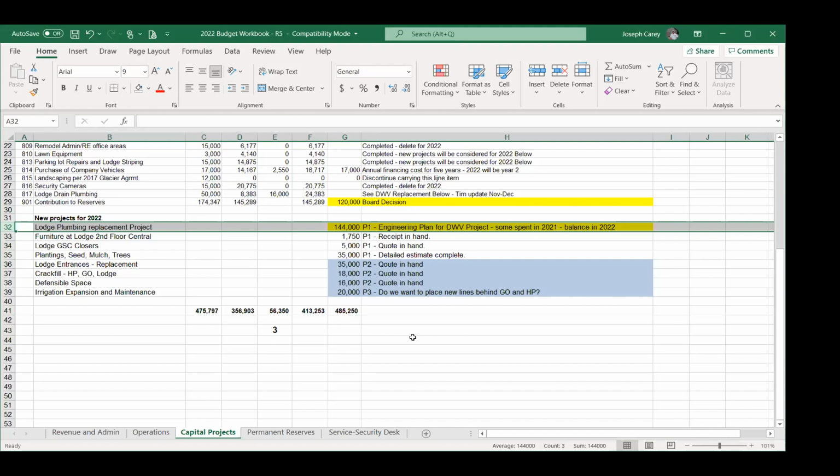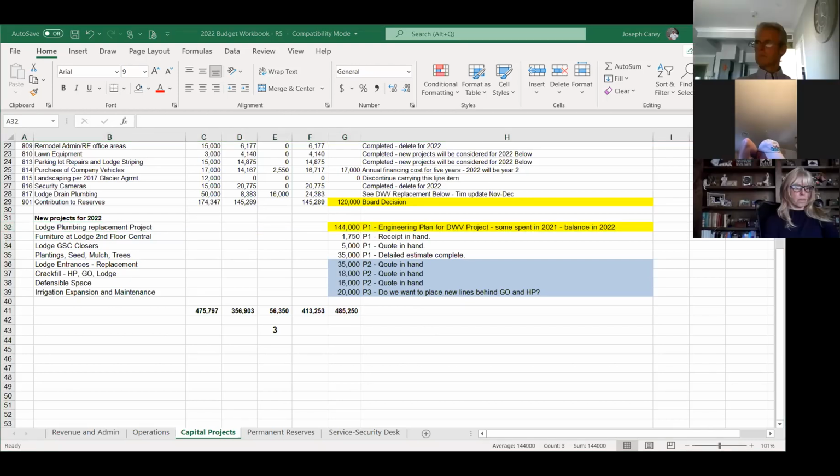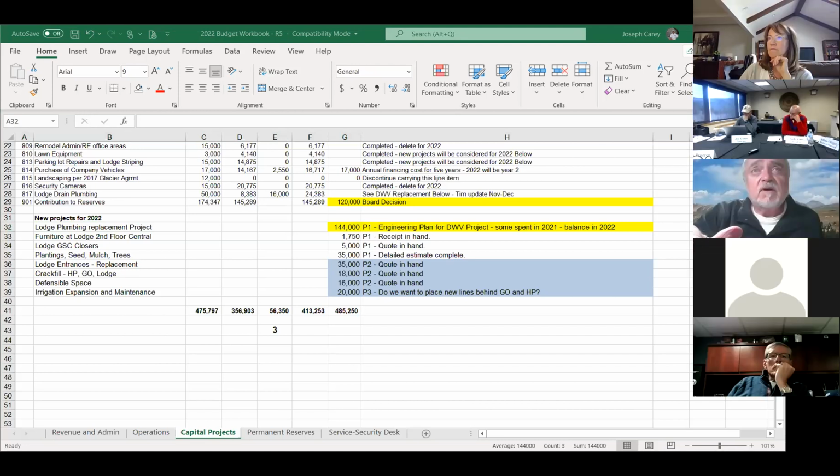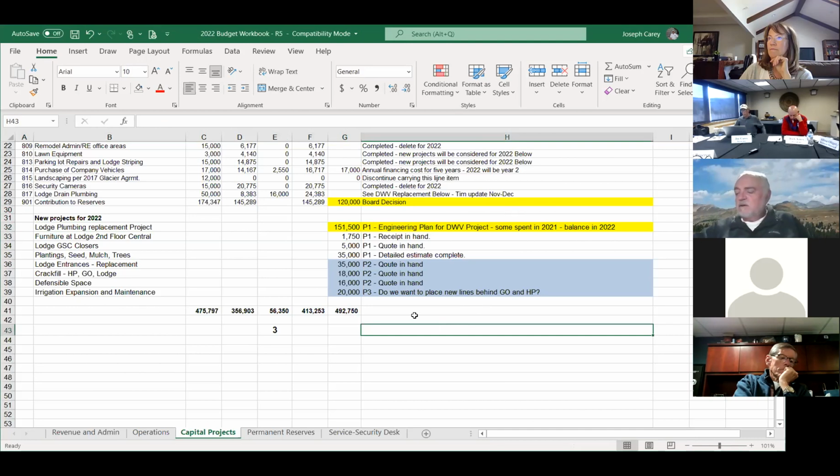If we needed to put a number in today to add to that, I'd say $7,500. And let me point out too, that asbestos testing has to be done upfront before any other work can begin, according to the folks in Denver. The testing has to be done in order to even identify the scope of the work. That can have a huge impact on the total cost of the project. Okay, I just added 7,500 to that.